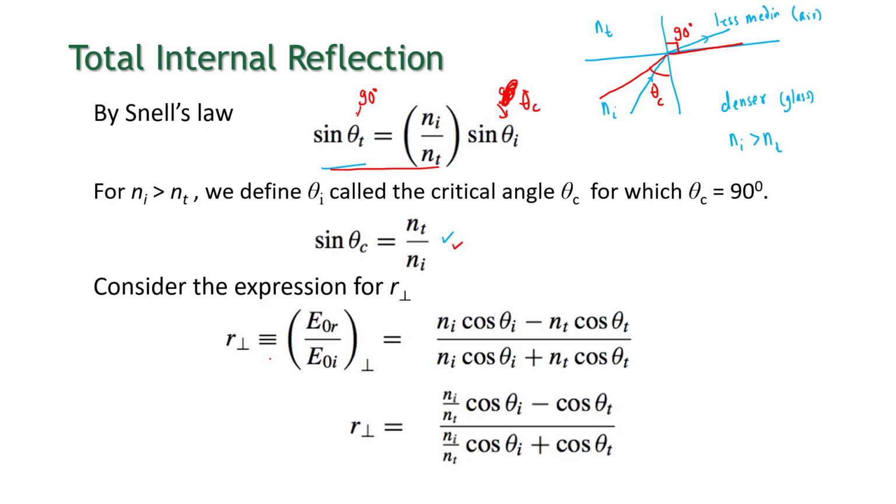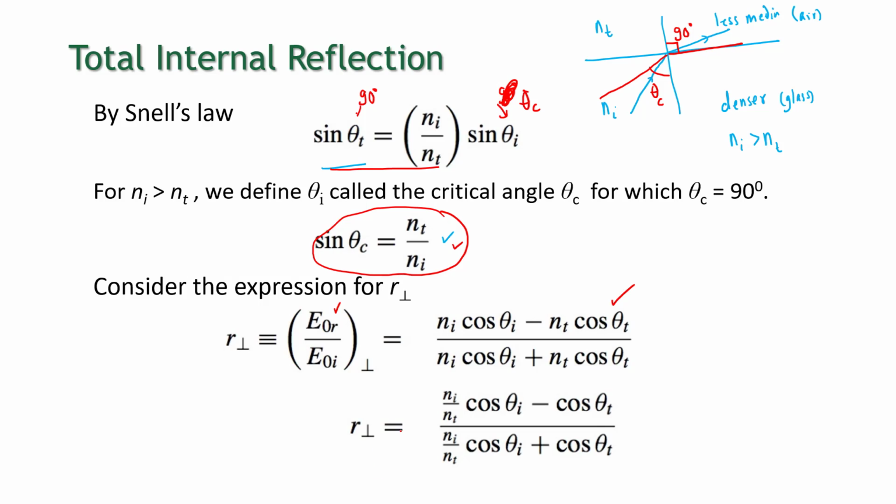Now let's look at the expression we got in the previous lecture, this Fresnel's equation for R perpendicular. This R is basically the ratio of reflected light over incident light, and this is for the perpendicular electric field, or electric field perpendicular to the plane. This is the expression we got last time. Now let's use this expression for R perpendicular.